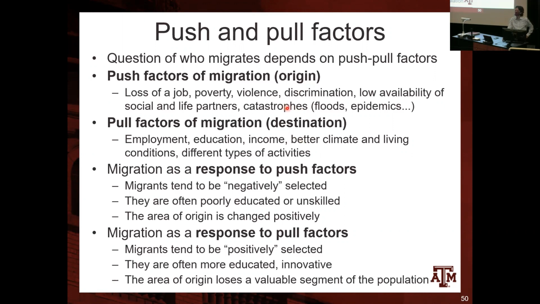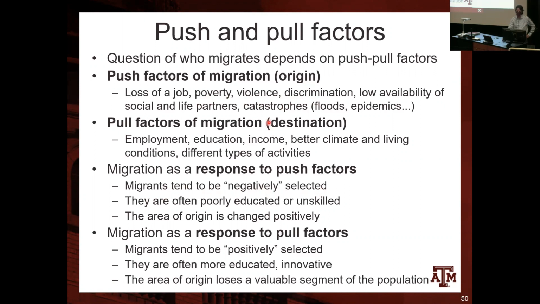If we see that a specific migration flow is mostly a response to push factors, to negative factors in the areas of origin, then migrants tend to be negatively selected. What does it mean in this case?